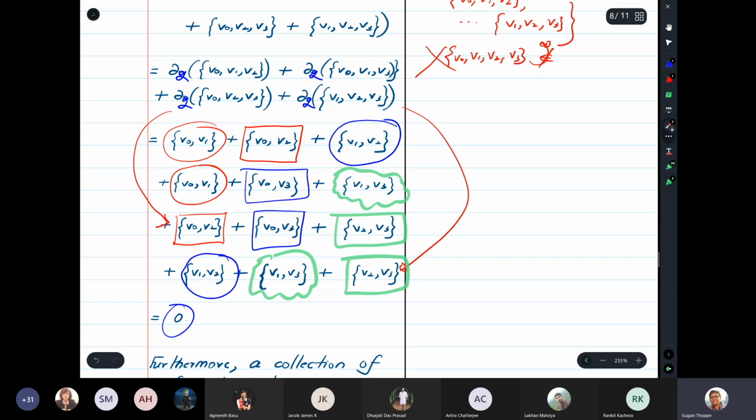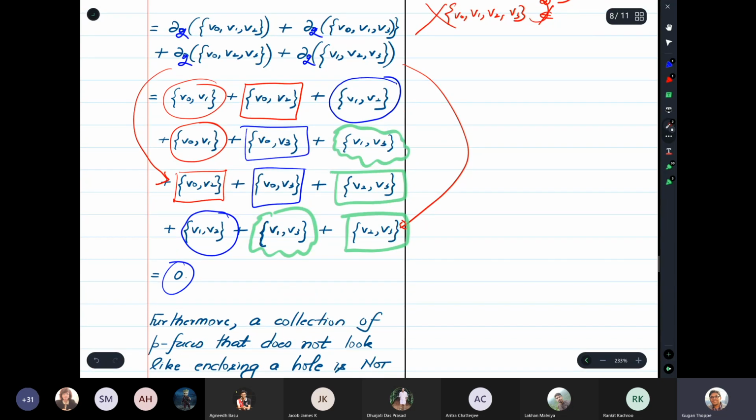I hope you can appreciate the use of working with Z2, sorry, the Z2 field, not vector space.